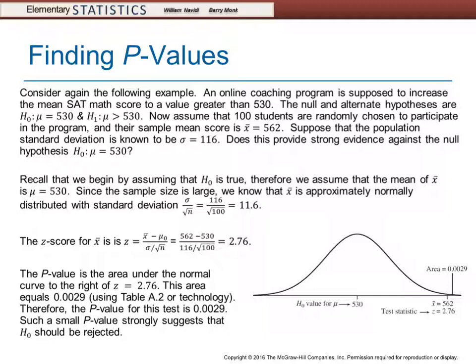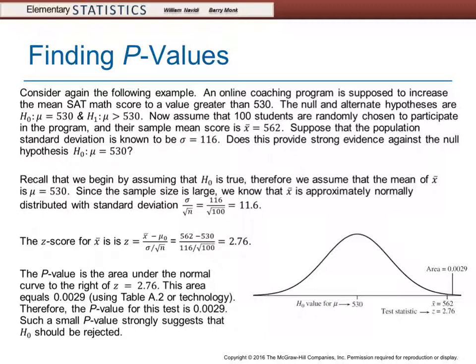Recall that we begin by assuming that H naught is true. Therefore, we assume that the mean of x bar is mu equals 530. Since the sample size is large, we know that x bar is approximately normally distributed with a standard deviation of 116 over the square root of 100. That is our standard error.